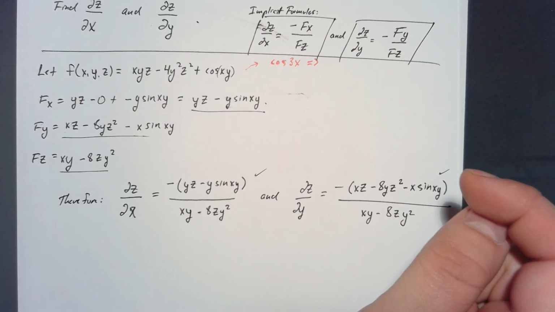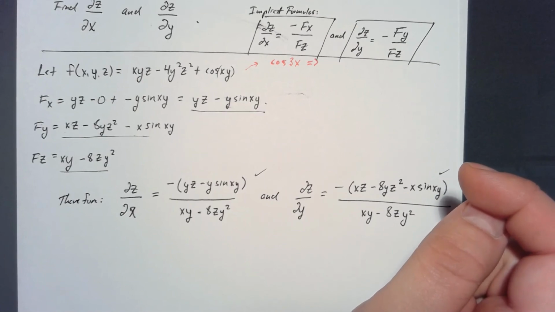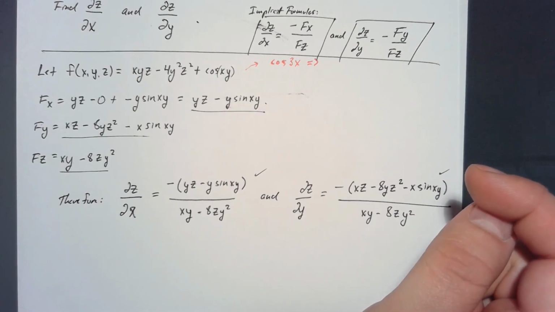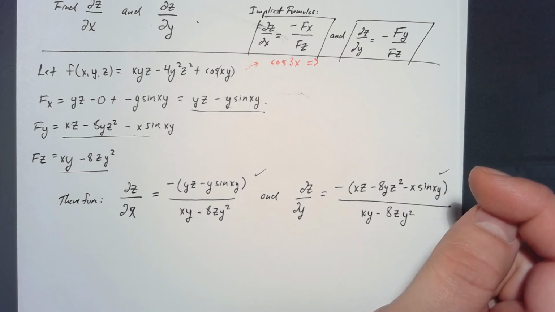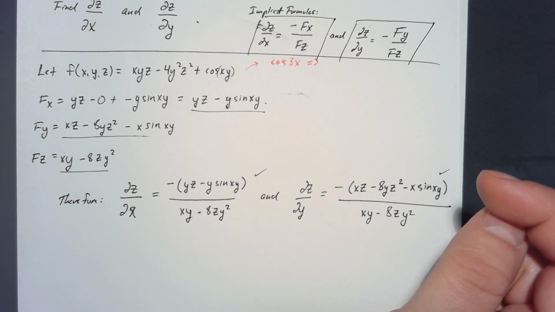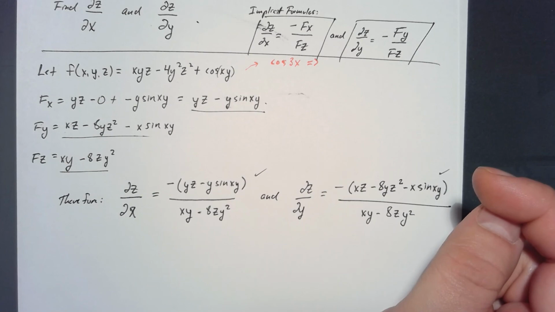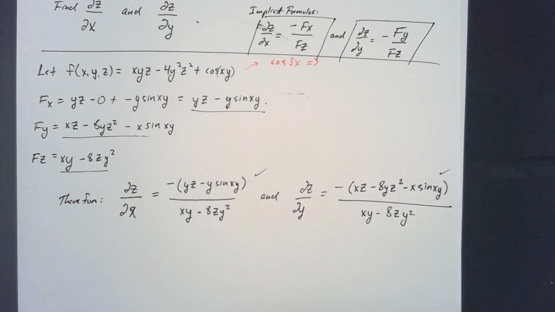So, alright, in the next video, or in the next 2 sections, I'm going to talk about directional derivatives and gradient vectors. And then we're going to start talking about tangent planes. How do you find a tangent plane of a given surface? Yeah, and we're going to be looking at stuff like that.